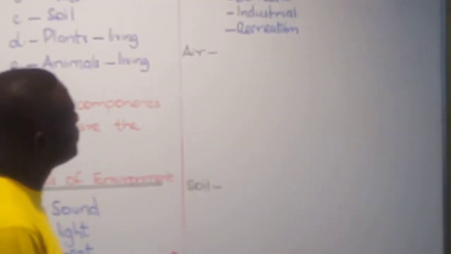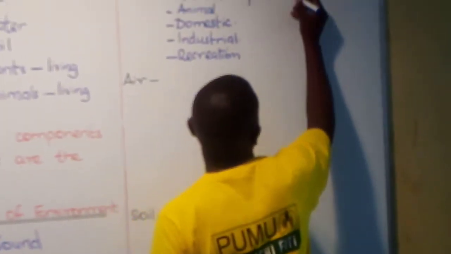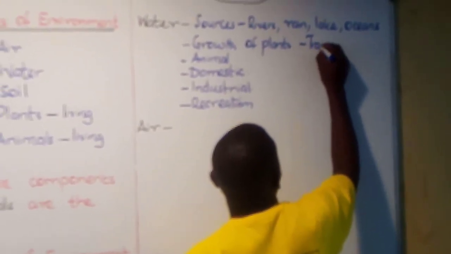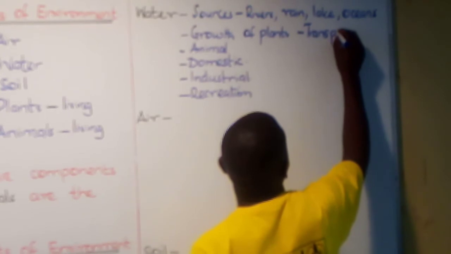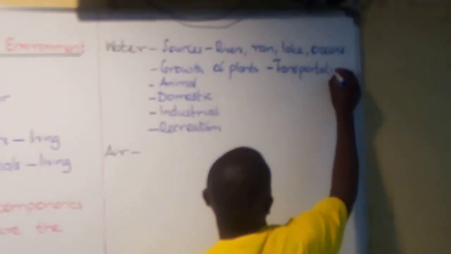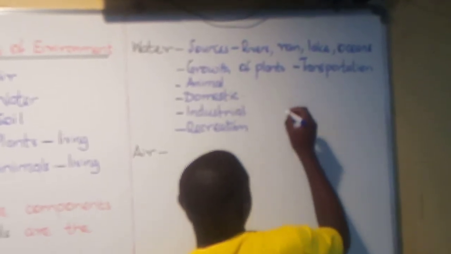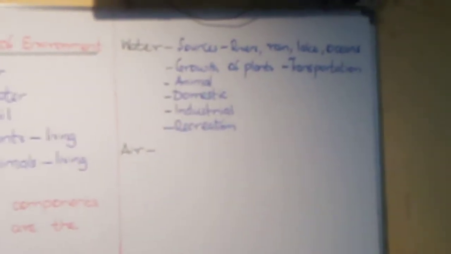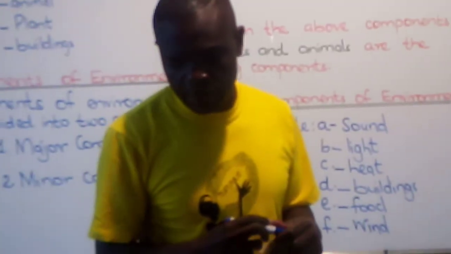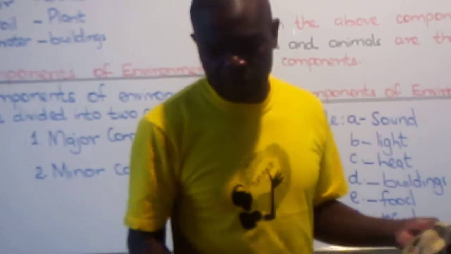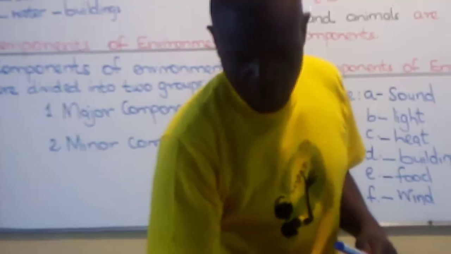Water can also be used for transportation. This is where boats are used, the ferries, the ships, for transportation. Water is so important for transportation. Are we together? So those are some of the uses of water that we know.